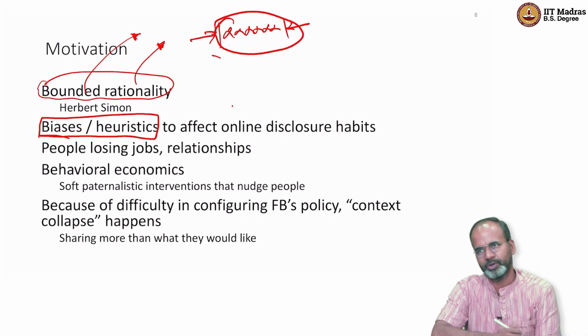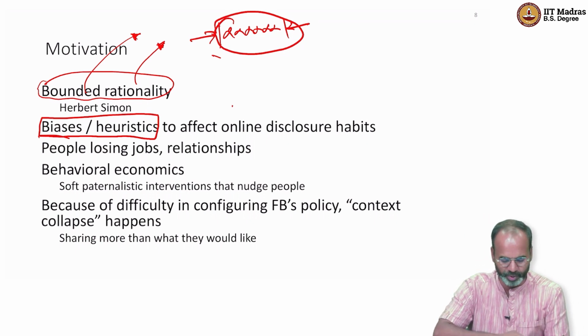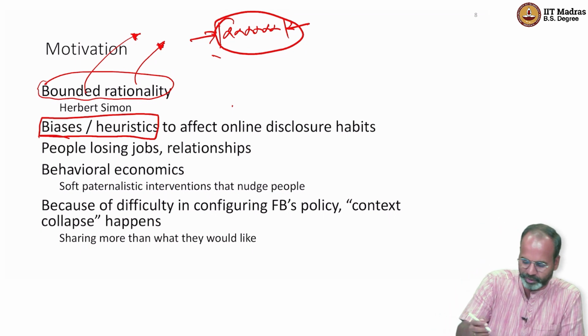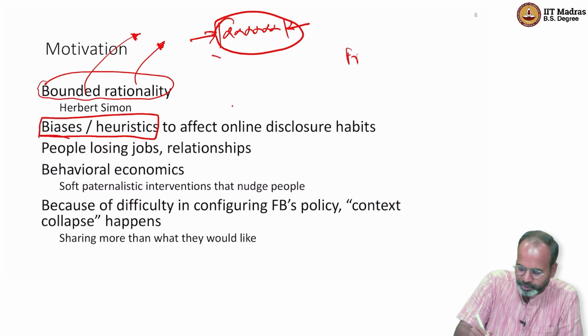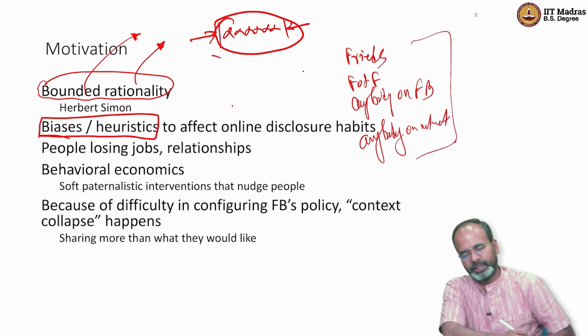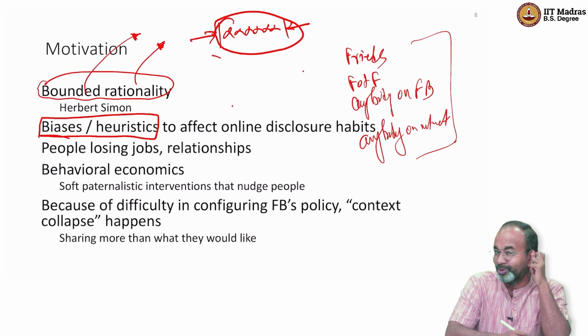Users end up sharing more than they would like. If you remember the options that we saw in Facebook: friends of friends, anybody on Facebook, anybody on the internet. These are the kinds of choices you have when you do a post.